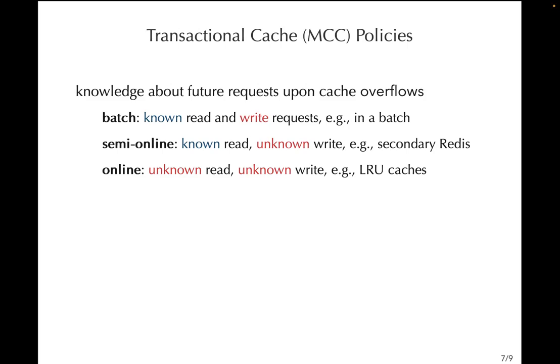The write transactions are not. They come on the fly, like the Redis secondary nodes, which can check the read requests in the local buffer, but write requests come from the master node on the fly. And the online model is the most intuitive: everything is unknown, and we process requests one by one.